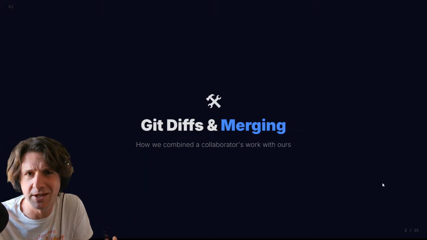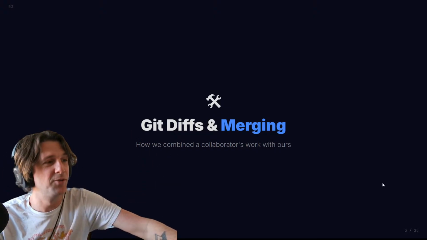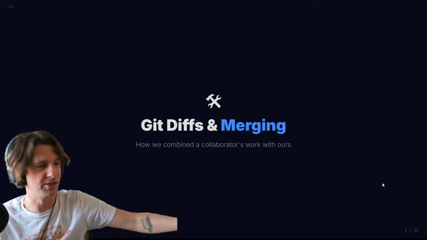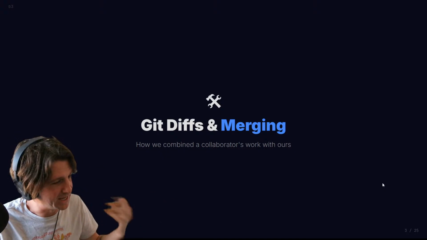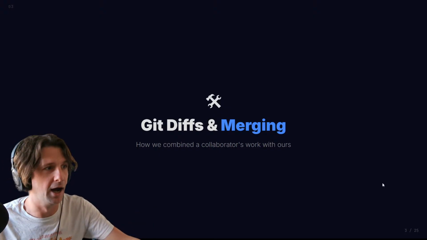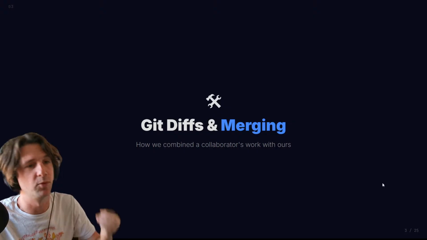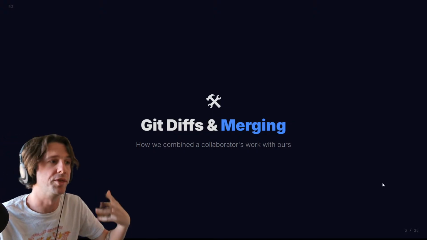So what am I even talking about now? Git forks and branches and diffs and merging, right? We're getting into the weeds with some Git logic. But Git diffs and merging are important to understand when we're working on teams. It's how we combine a collaborator's work with our own.